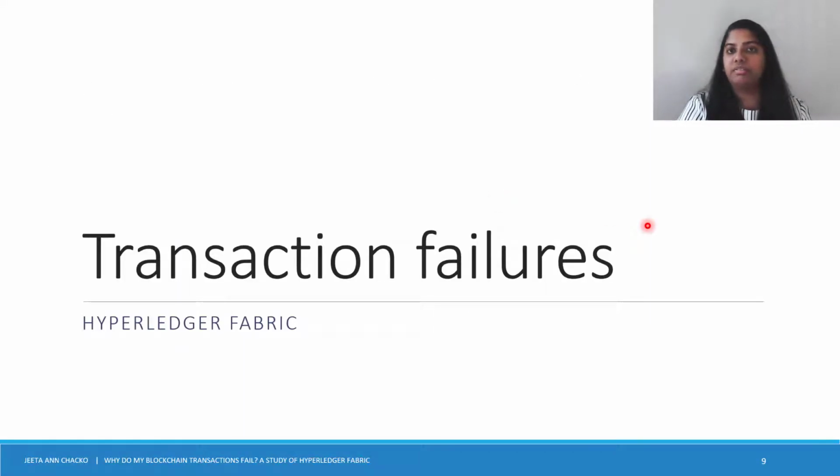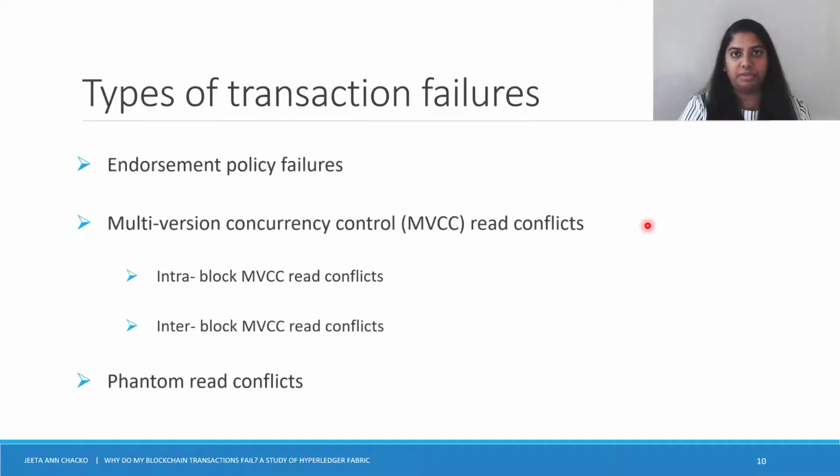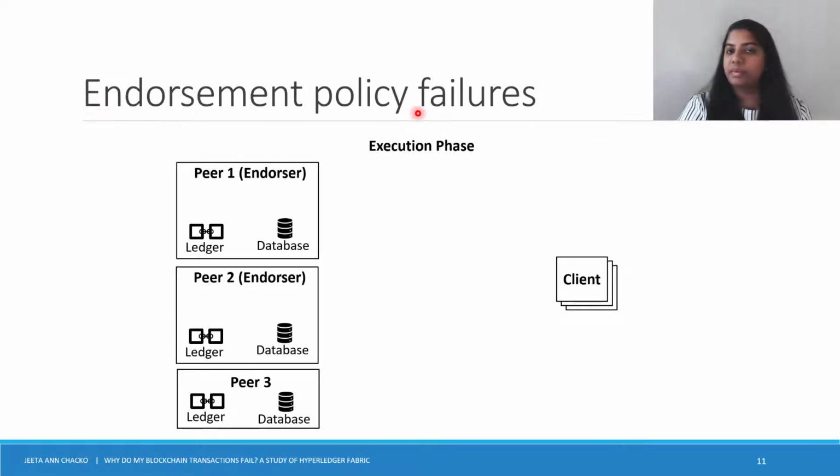Due to this model, various transaction failures can occur. These are the three types of concurrency-related transaction failures in Fabric. I will go through an example for each of them. So the first one is the endorsement policy failures. This occurs when inconsistent world states happen. So here peer 1 and peer 2 have a different version of the key A. This occurs maybe due to network delays or if peer 1 is slower than peer 2.